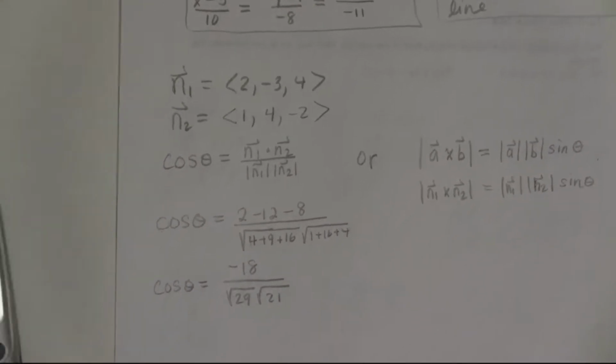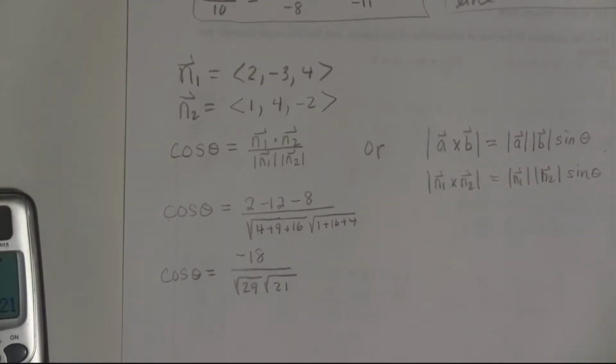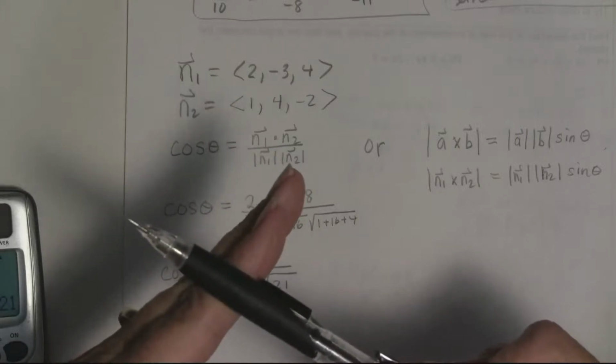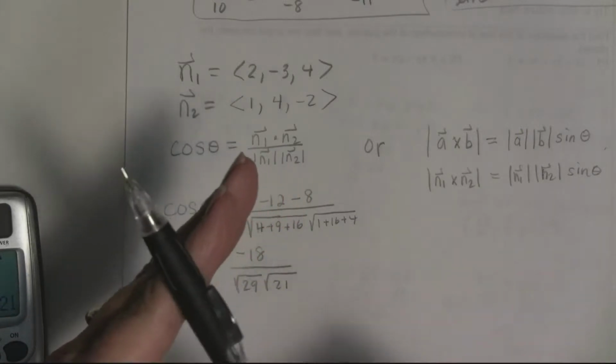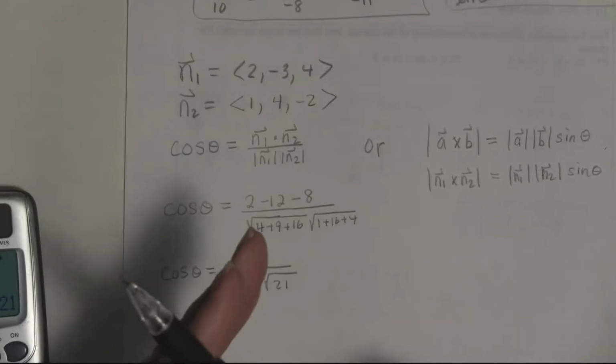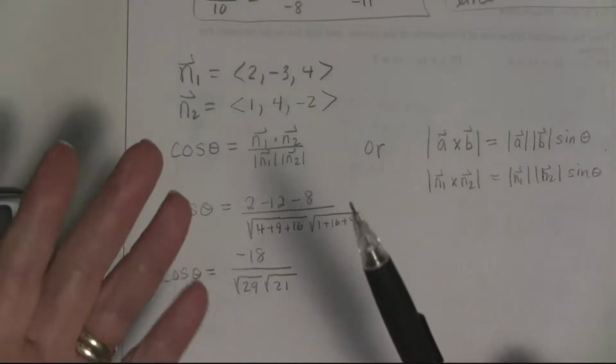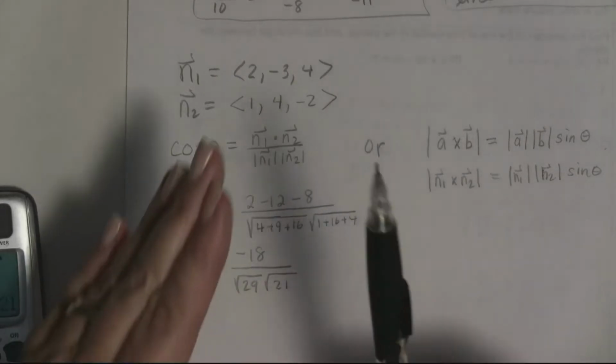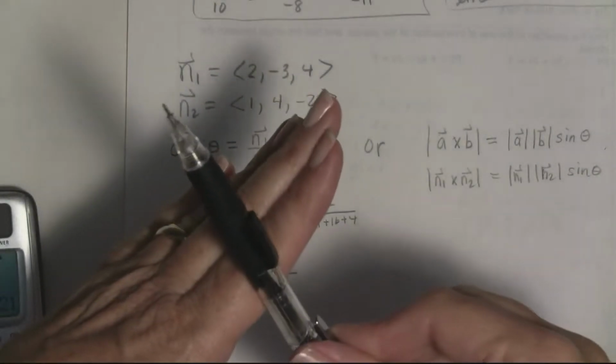Okay. And we're looking at where the two normal vectors intersect one another. And I'd like to tell people the acute angle. They didn't tell me to give the acute angle, but that's typically what they're looking for when you're looking at two vectors intersecting.